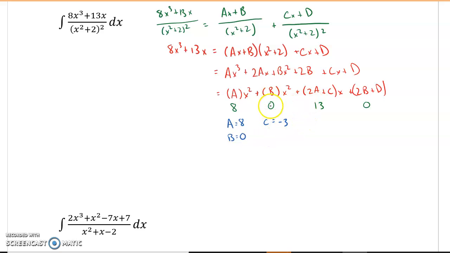And if b equals 0, then we've got 0 plus d equals 0, so d equals 0. So zeros make things easier, so we find out that this works out to be 8x over x squared plus 2 plus -3x over (x squared plus 2) squared.